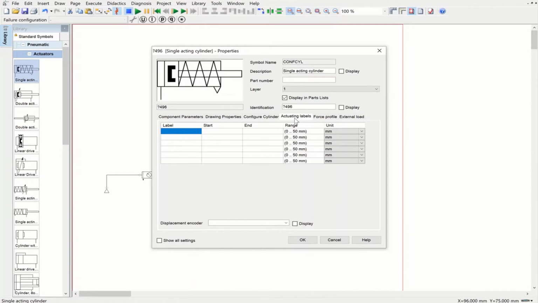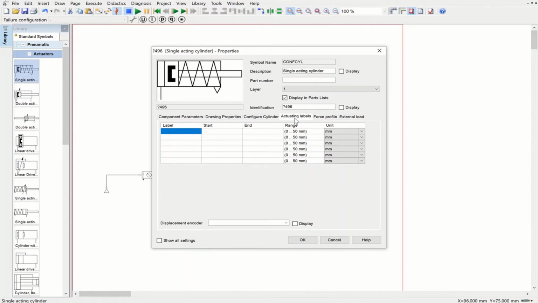So let's say we have a sort of mechanical motion and mechanical actuation for the actuator, right? With this linking, and basically sensing the position of the rod inside the housing of this single acting cylinder, we can actuate the directional control valve, and from there we can have the next step of the motion.